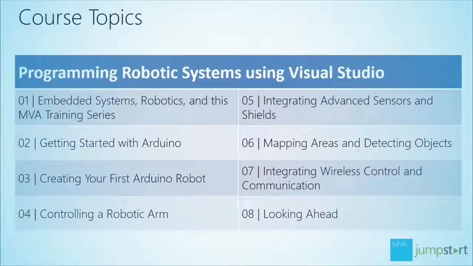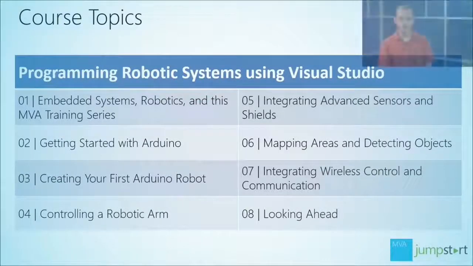So let me spend a little bit of time walking you through what we're going to be doing today. We've got a lot of really great stuff. We're going to talk about the target audience in just a moment, but this course is really aimed at getting you introduced to robotic systems and what robotics is all about. So let me just talk you through a few of the modules that we're going to cover today. In Module 1, we're going to introduce robotic systems and embedded systems.